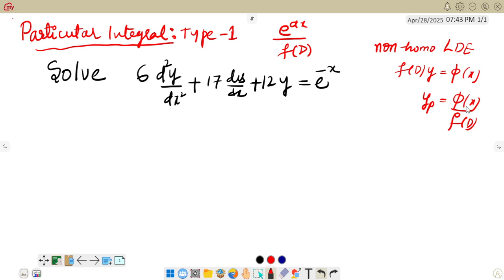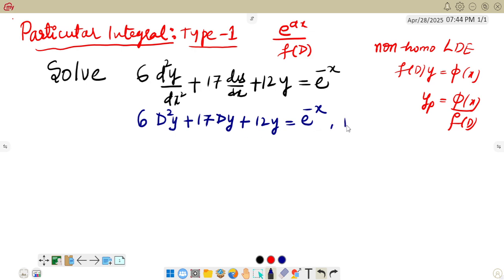What about this phi of x? The phi of x in type 1 is exponential, divided by function of D. Look here, first we convert the given equation into standard form, that is 6 d square y plus 17 dy plus 12y equal to e raised to minus x, where you can remember D means d by dx.